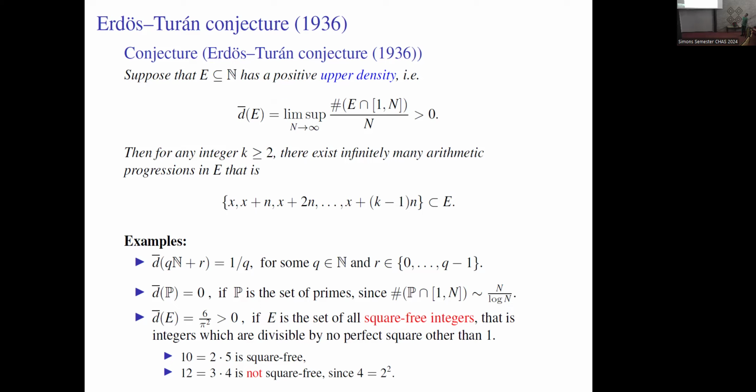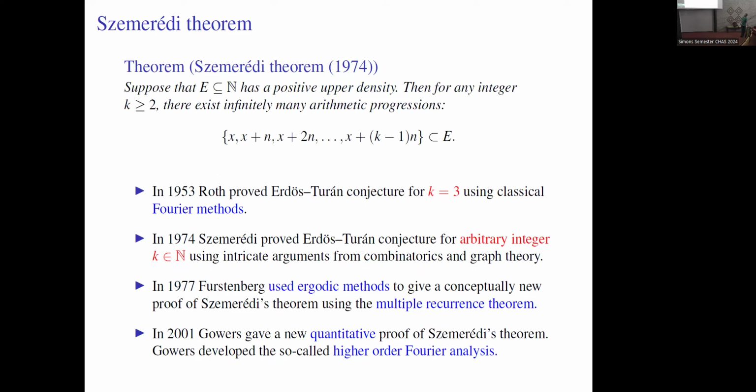And here, this is the current state of knowledge about this conjecture. Now this is the famous theorem of Szemerédi. But before Szemerédi proved this, there was Klaus Roth in 1953 who verified the Erdős–Turán conjecture for arithmetic progressions of length three.